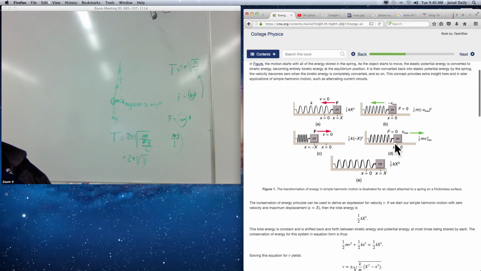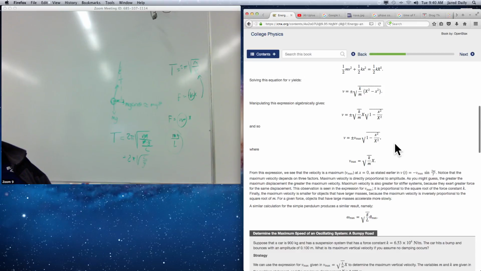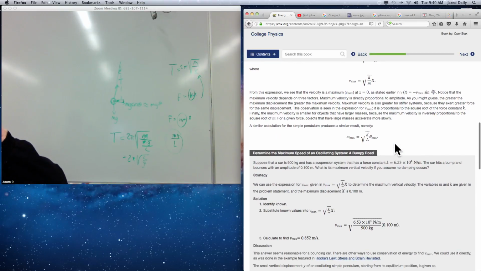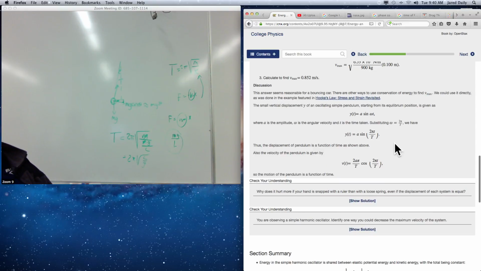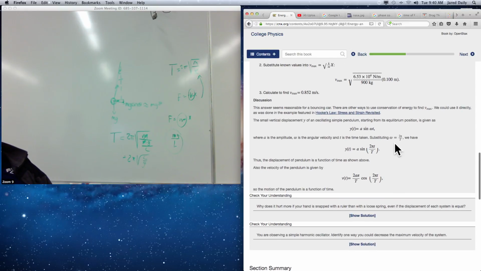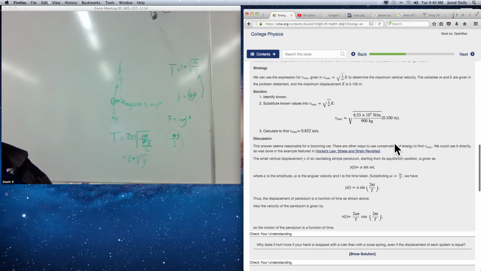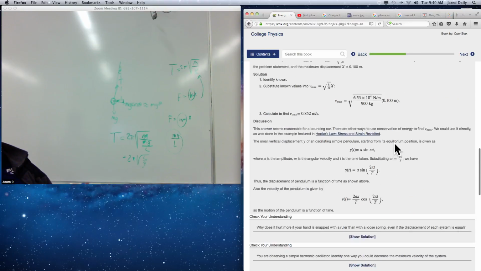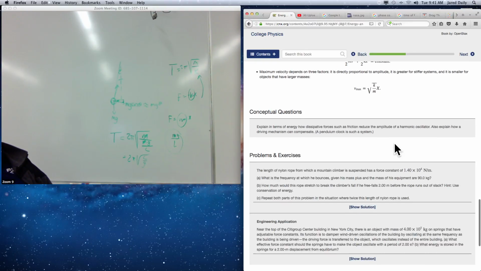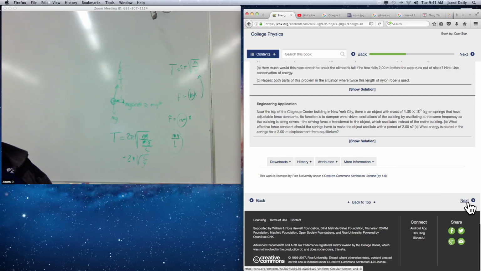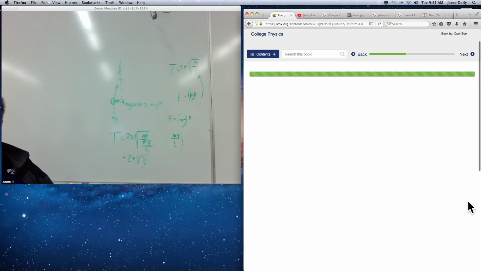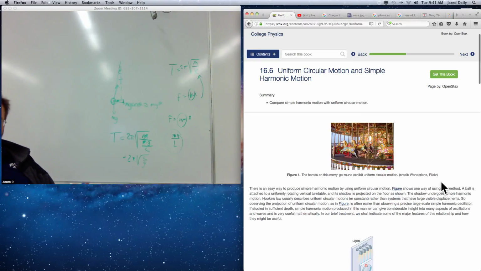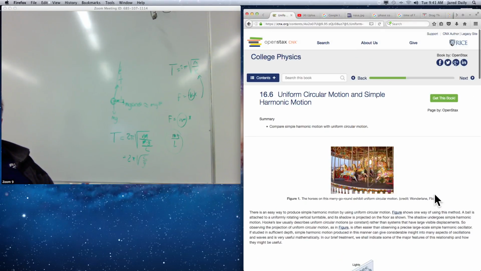So that's an interesting way to look at potential energy of a pendulum. I don't think I give you one of those, so you won't have to use that equation, but it's interesting for sure.